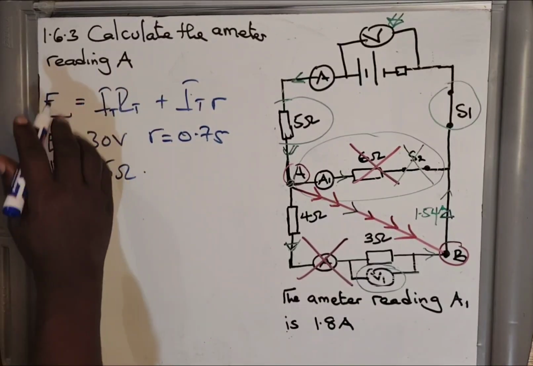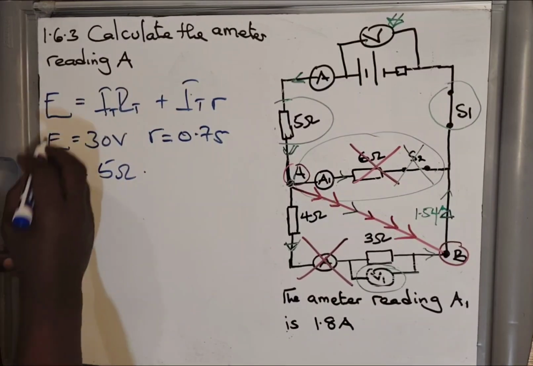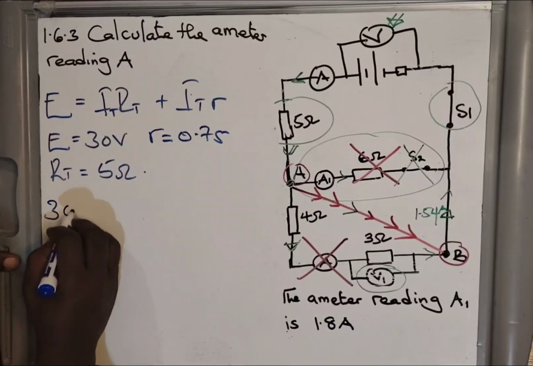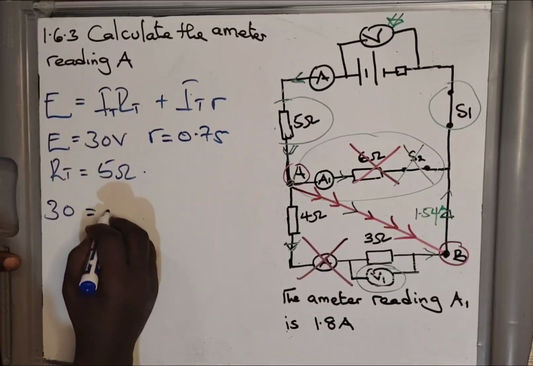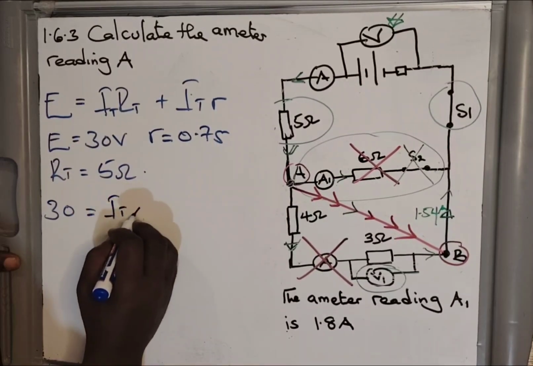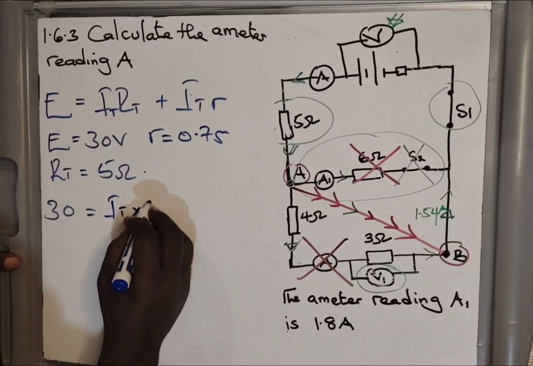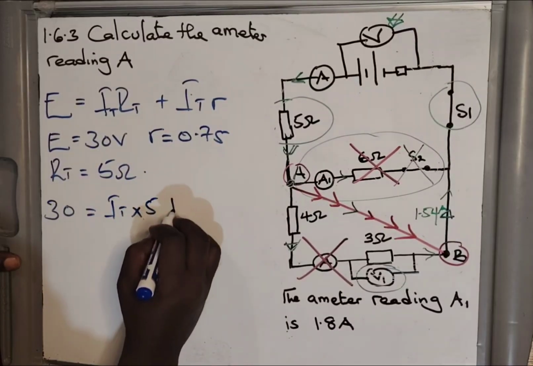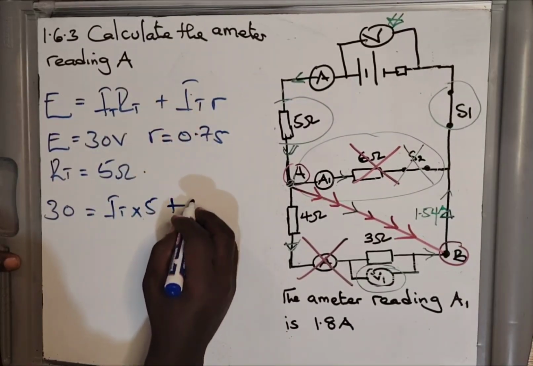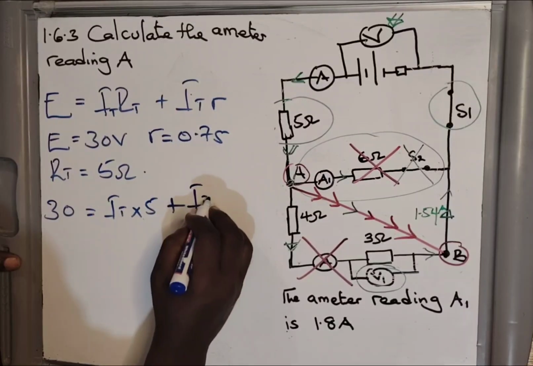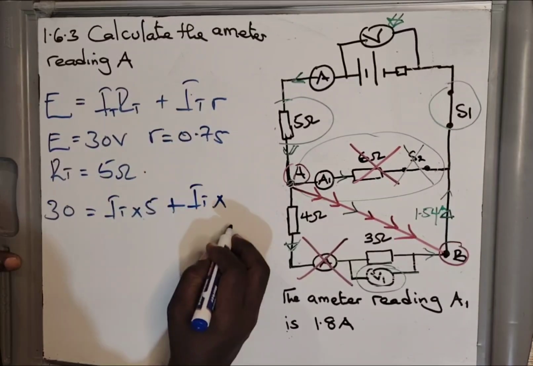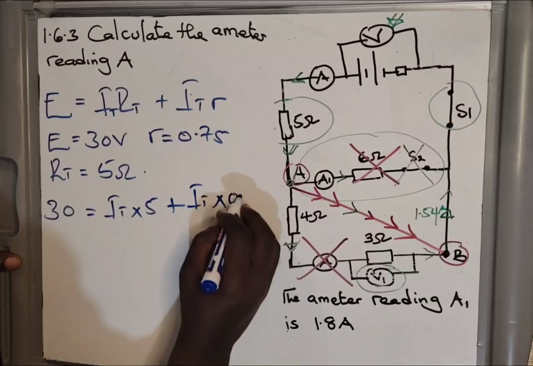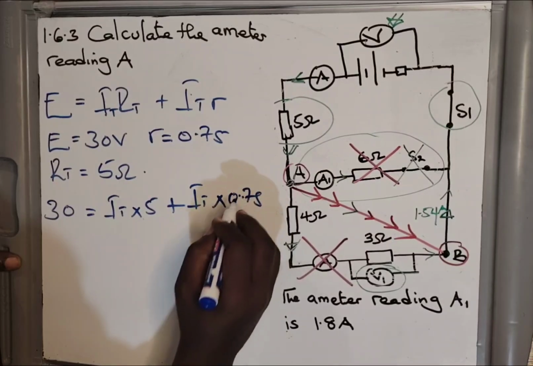So when you substitute into that, we get 30 equals I total times R total, which is 5, plus I total times internal resistance, which is 0.75.